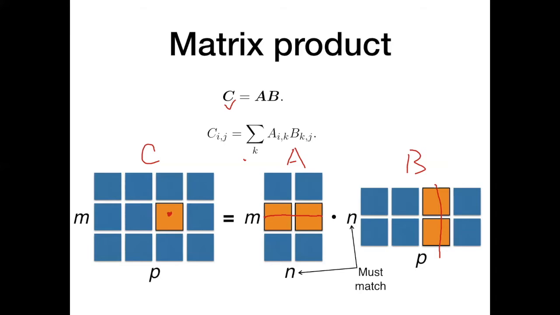In this way, we can think of the matrix product as computing Cij as the dot product between the ith row of matrix A and the jth column of matrix B.